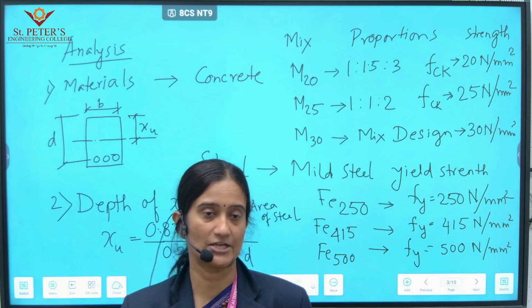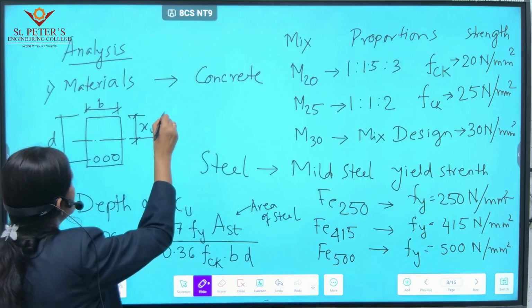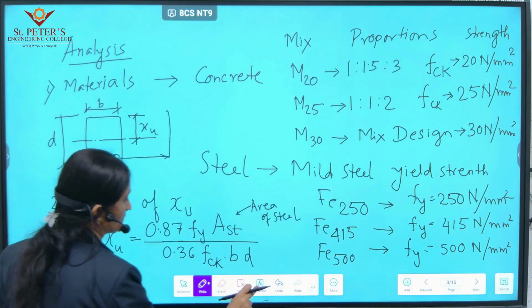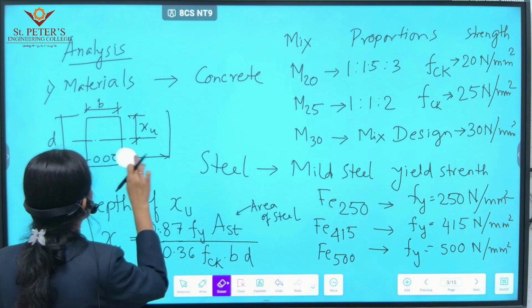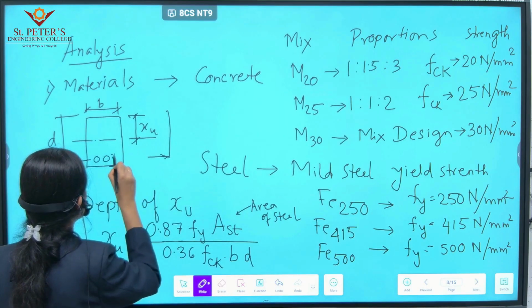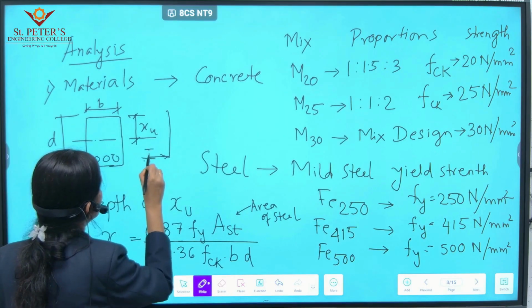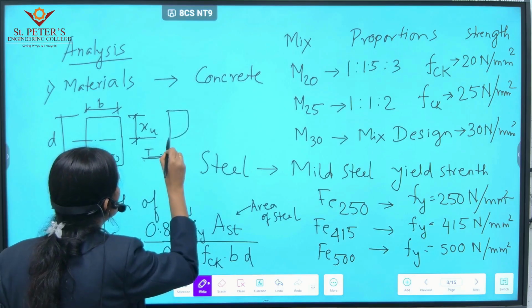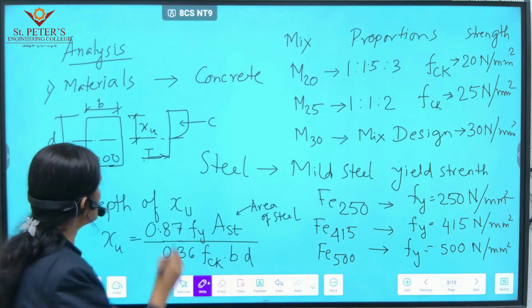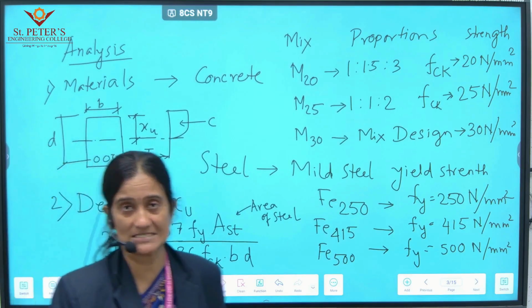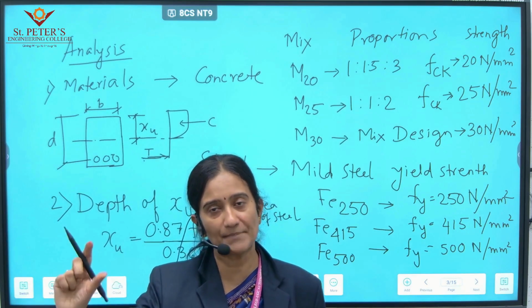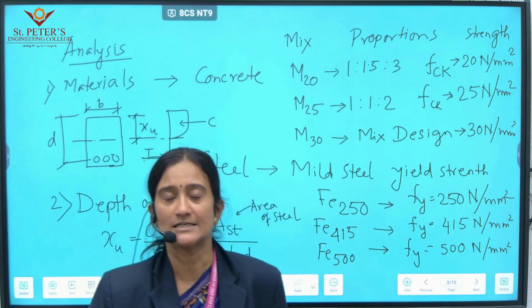In a balanced section, the compressive strength C should be equal to the tensile strength T. So we should always prefer a balanced section, where the compression strength is equal to the tensile strength.